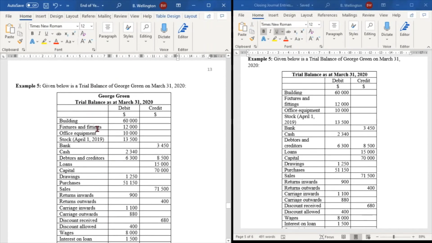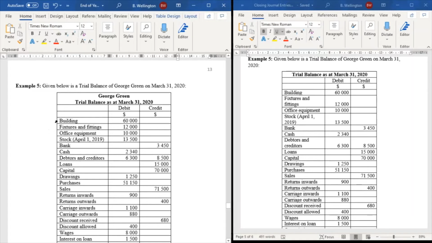Now when you get a trial balance to draw up a trading and profit and loss account from, one of the things that can help you and make you work faster and be more organized is to go down the list of items and indicate whether they would be entered or recorded or shown in the balance sheet or the trading account or the profit and loss account.